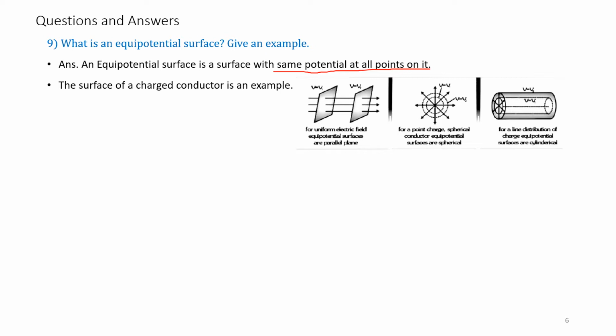This is the equipotential surface of a uniform electric field. These arrows are the uniform electric field, and the planes are the equipotential surfaces. These are rectangular planes at V1 and V2. For a uniform field, it is a plane.